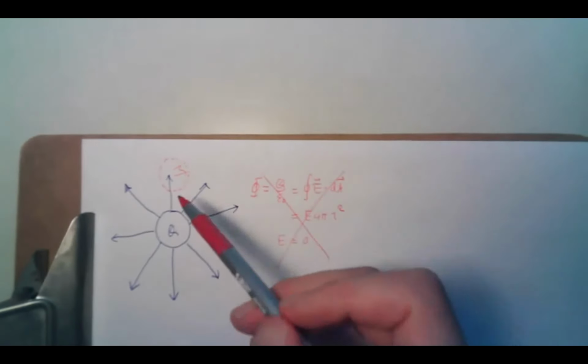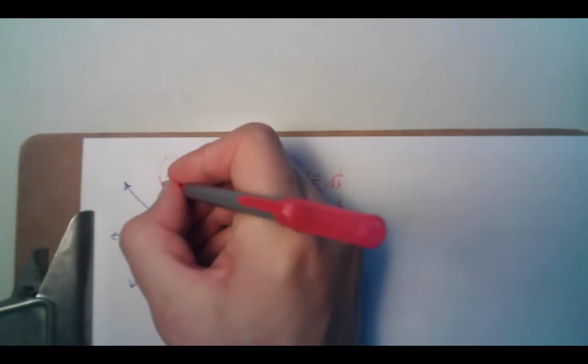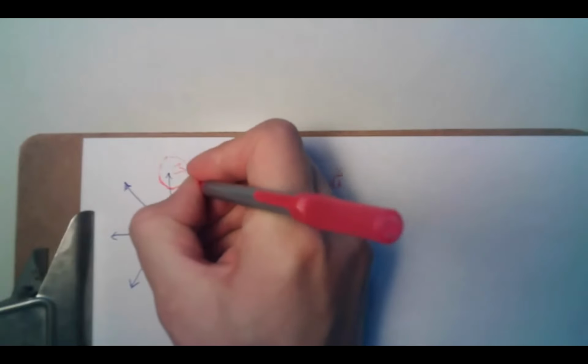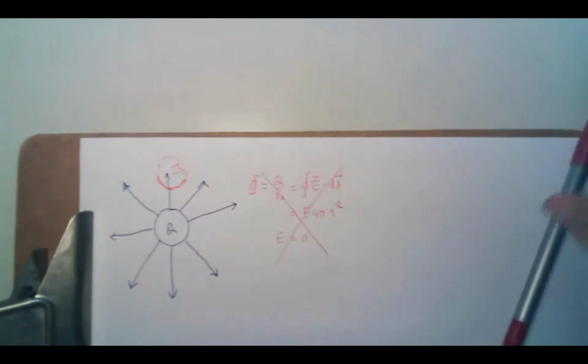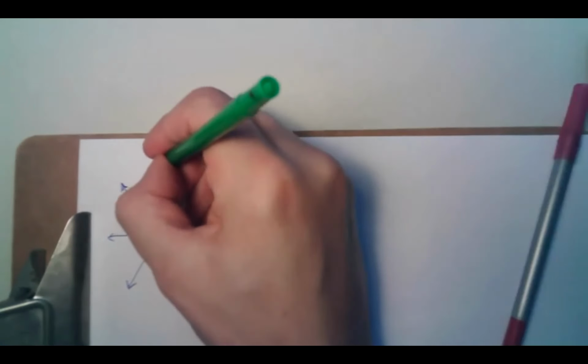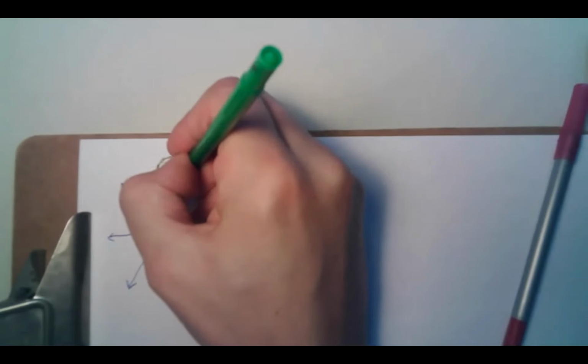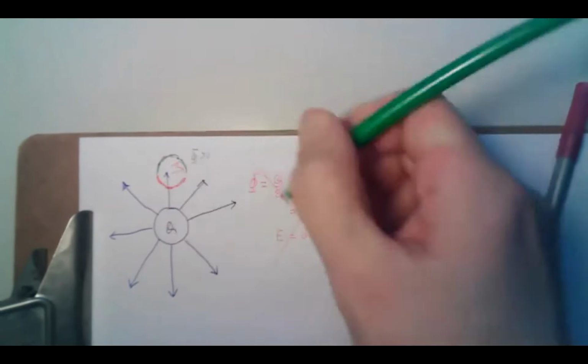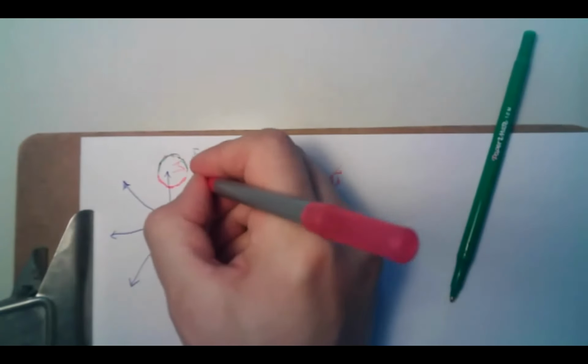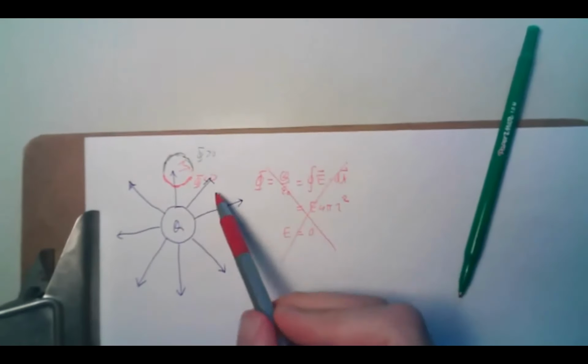Or put it another way, there is a finite flux that goes here that is negative, because here the electric field lines go in. And then there's a flux that goes through the green surface here that is positive. So this one, flux is positive. This one, flux is negative.